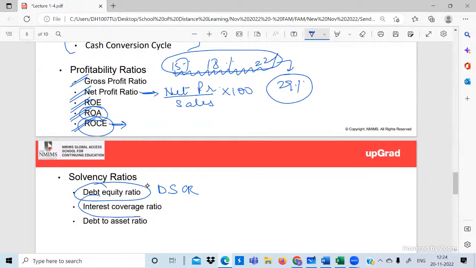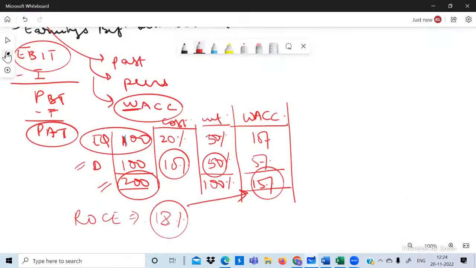Interest coverage ratio, I would say, is a subset of DSCR. It is on similar lines, but it's a smaller concept. Debt service coverage ratio is a broader concept. So the two most important ratios are debt equity and DSCR. Let's look at debt equity and DSCR.